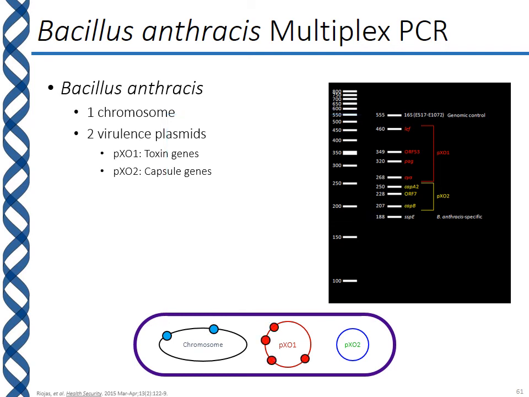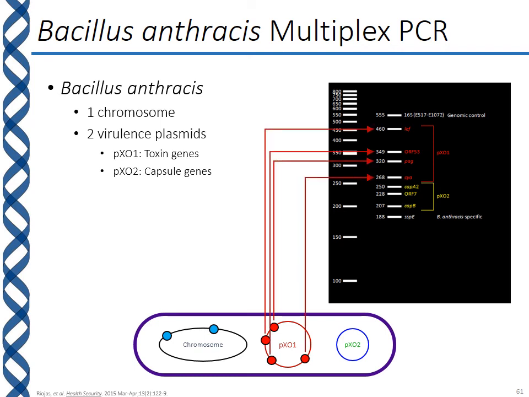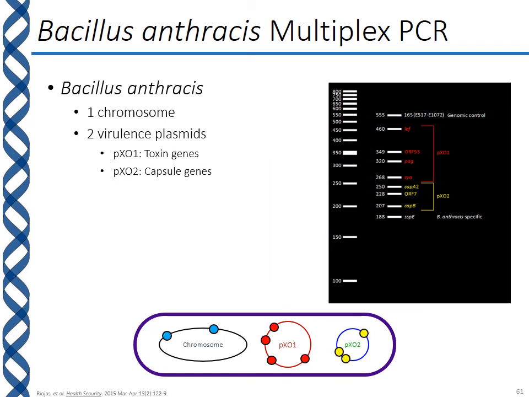Then we have 4 targets on pXO1. These are the 3 toxin genes and 1 control gene. They all have different amplicon lengths. And the 3 targets on pXO2, 2 of them being the capsule genes, 1 being another control gene, all have different amplicon lengths as well.